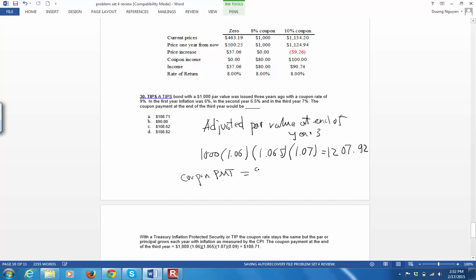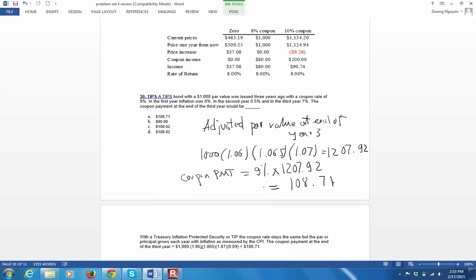So the coupon payment would be equal to 9% of the adjusted par value, which is 1207.92 times 0.09, equal to 108.71.